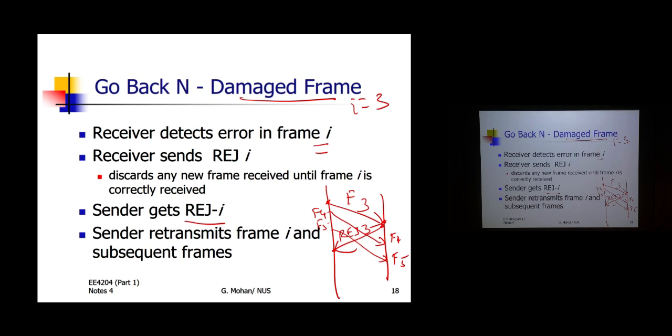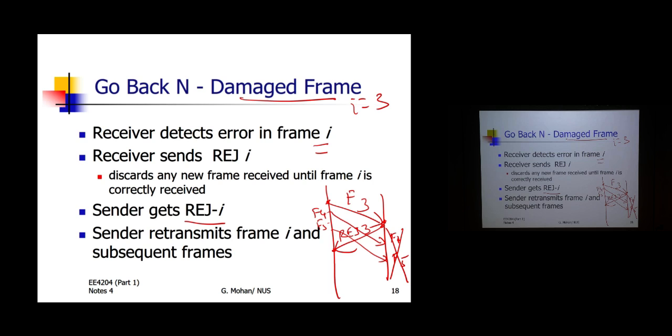What go back N does is quite adamant. It received frame 3, it was damaged, and it will not accept any new frame until frame 3 is correctly received. So it will not respond to frames 4 and 5. It will simply discard these two frames. It has received damaged frame 3 and asked for a new frame. Any new frames received will be simply discarded, and it will not respond anything back to the sender.